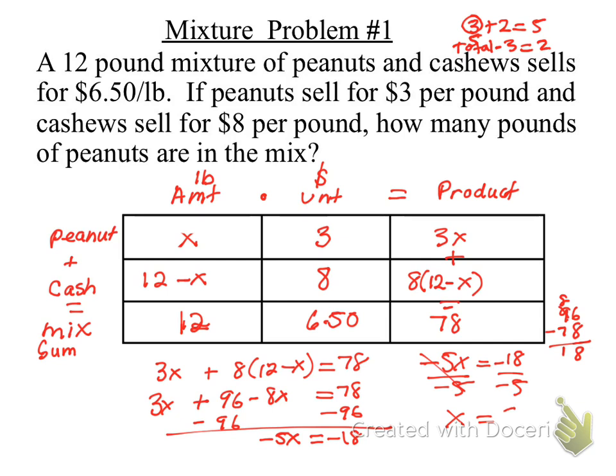okay, 5 goes 3 times. Since it's in money, well, I guess we're looking at pounds, it doesn't matter. But if it's money, we should have decimals. So it would be 3 3/5 pounds of peanuts, right?